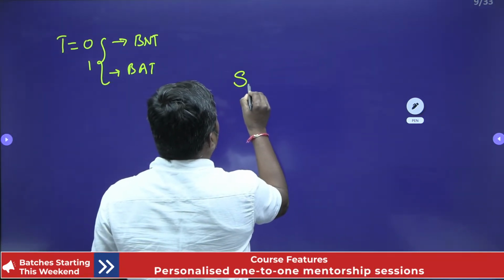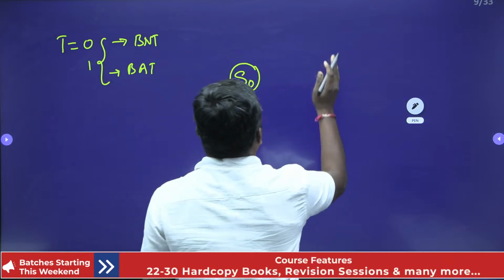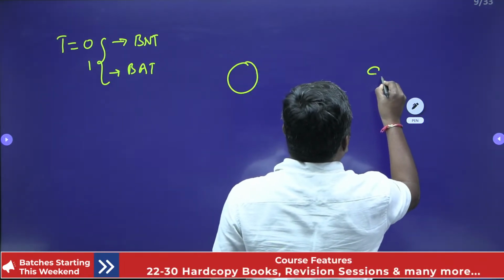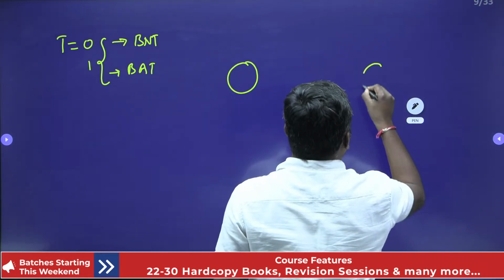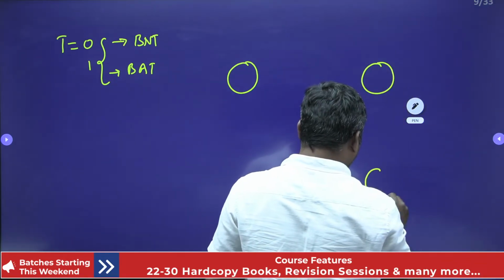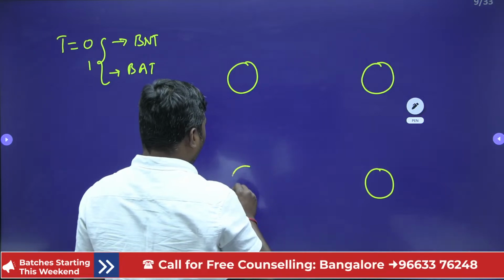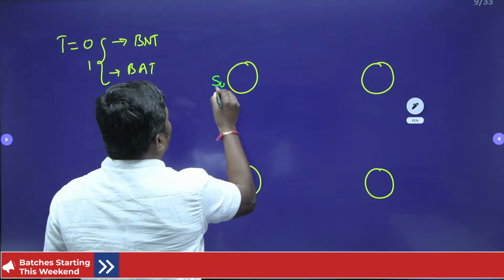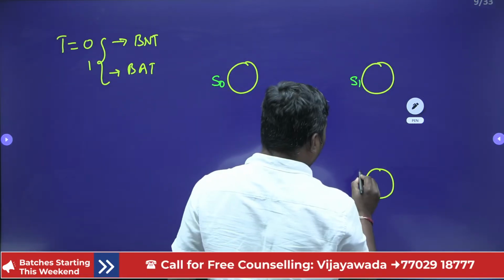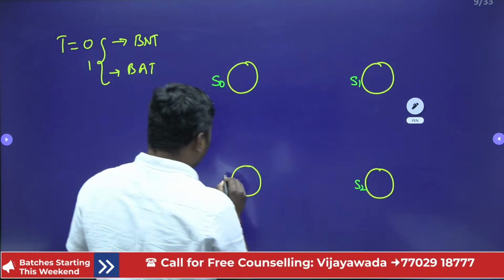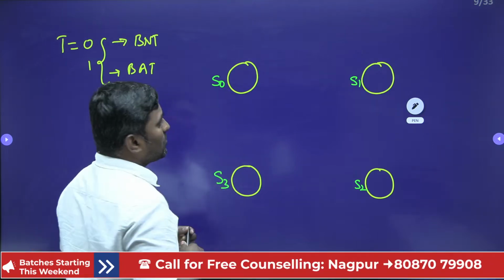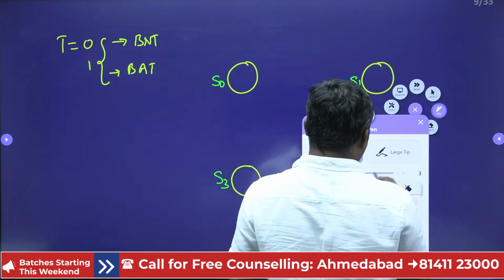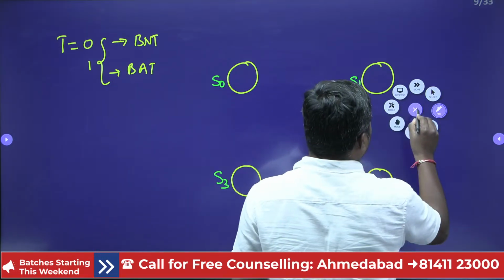Observe state number 0, I'll mark it: state 0, state 1, state 2, state 3. So I'm marking here S0, S1, S2, S3. Observe what each state represents, we'll observe clearly.